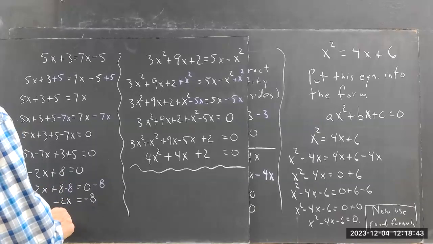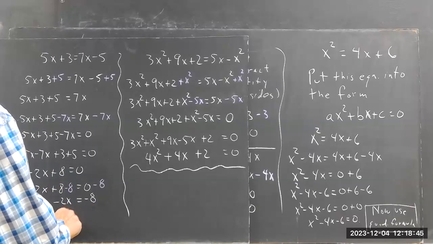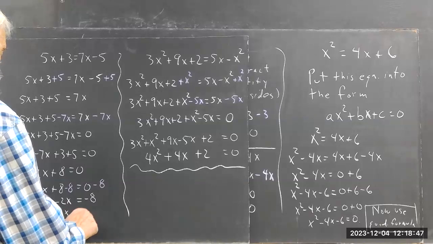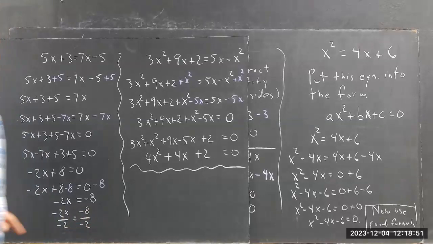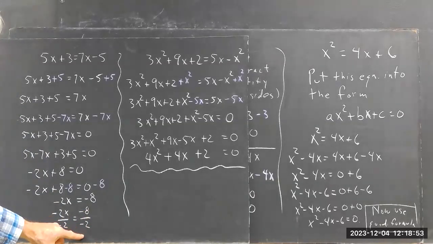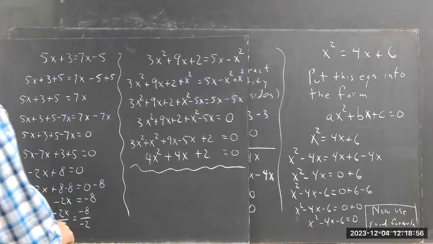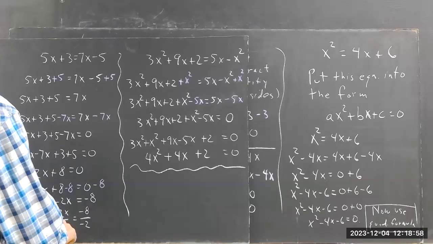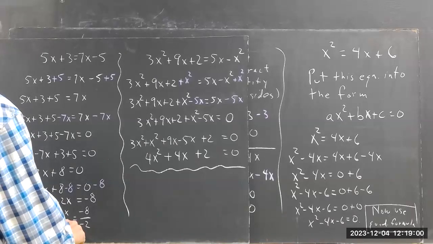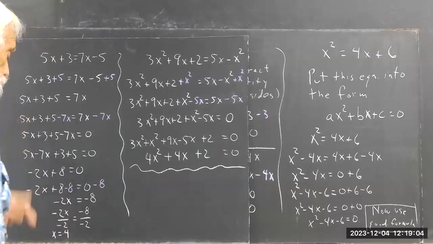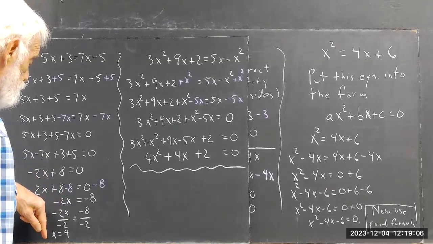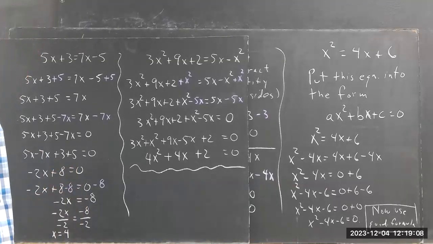Last step: we divide both sides by negative 2. Negative 2 divided by negative 2 gives us just 1, so that's just x. And negative 8 divided by negative 2 is 4.